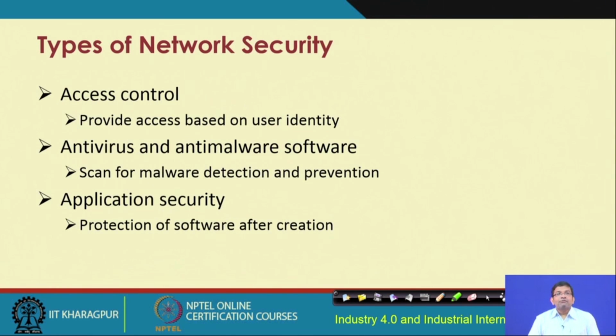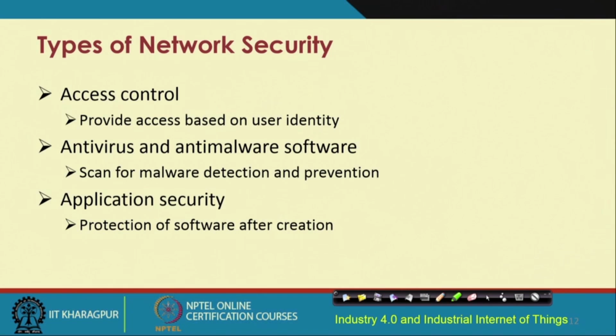There are different types of network security. Access control is based on who the actual users are and how much access they should have in the system. Not all users are going to have 100% access to all the different components of the system. Certain users are going to have access to certain components, other users are going to have access to other components of the system and so on.